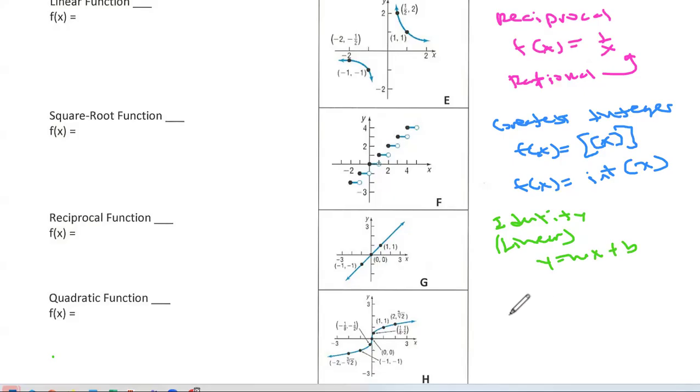Okay, for H there is called the cube root function. So this is the cube root function, and that's represented by f of x is equal to the cube root of x.